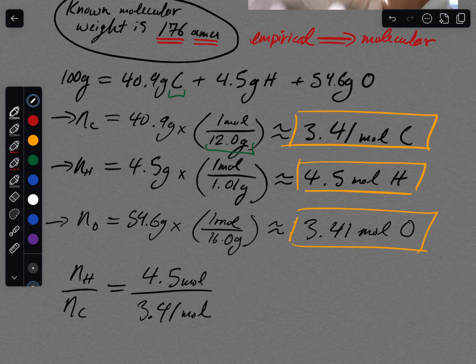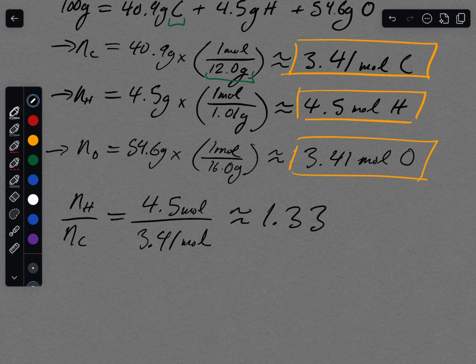And this is about 1.33. So if I was going to try to write a ratio then between carbon, hydrogen, and oxygen, I could say we have a ratio of approximately 1 to 1.33 to 1. The problem is, even for an empirical formula, you want to have whole numbers, the smallest combination of whole numbers possible. And we don't have that right now.